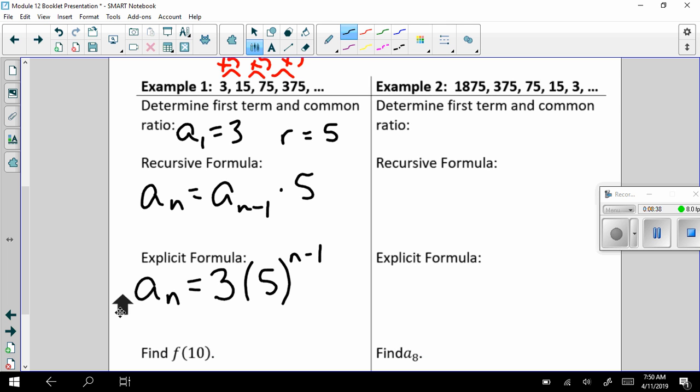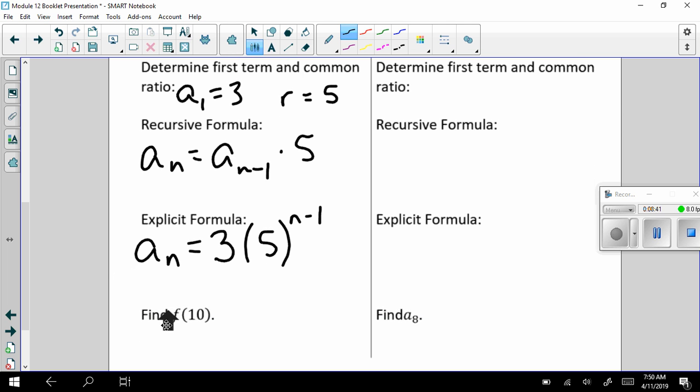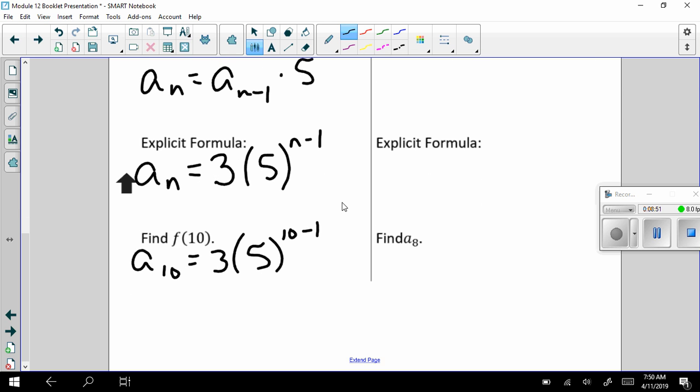So in this case, when I ask for f of 10, again, I'm going to switch to that a sub n notation. I'm going to do 3 times 5 to the 10 minus 1, which is 3 times 5 to the 9th. And I'm going to grab my calculator because I don't know that.